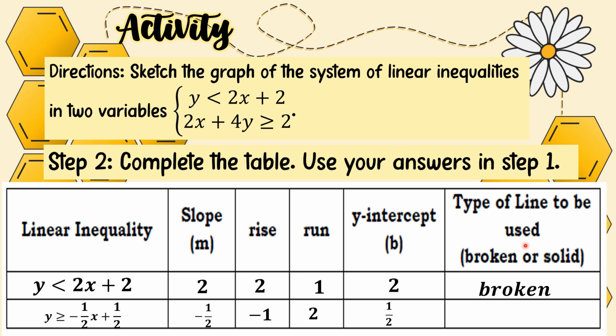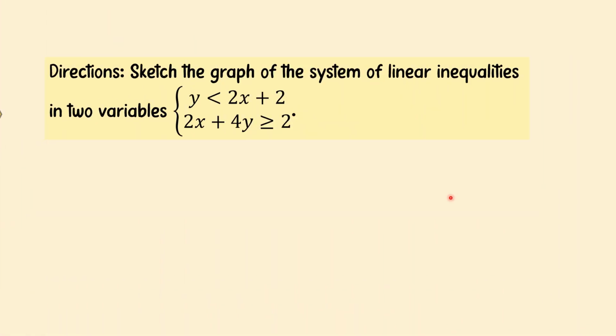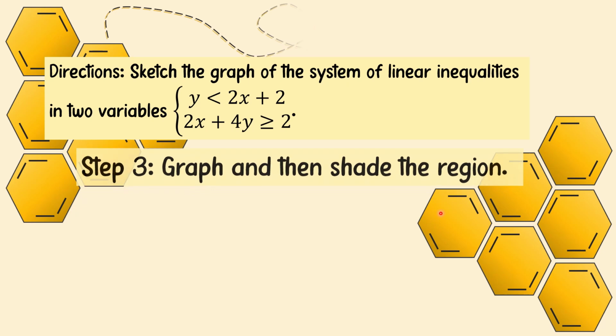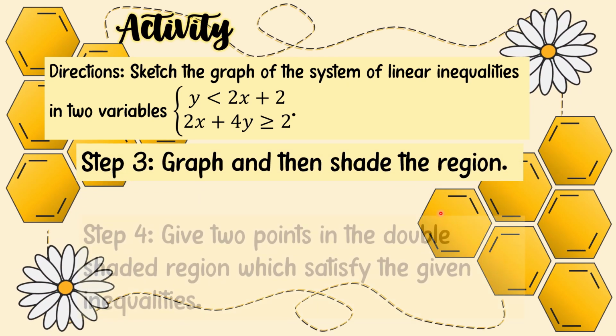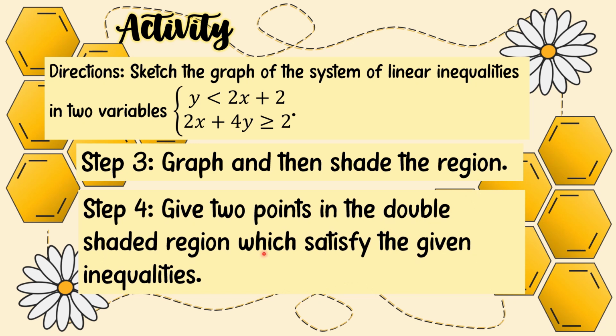Now, for the type of line to be used, we are going to use the solid line because we are using greater than or equal inequality symbol. Step number 3, graph and then shade the region. And for the last step, give 2 points in the double shaded region which satisfy the given inequalities. This step is just for the checking or validation of your graph.